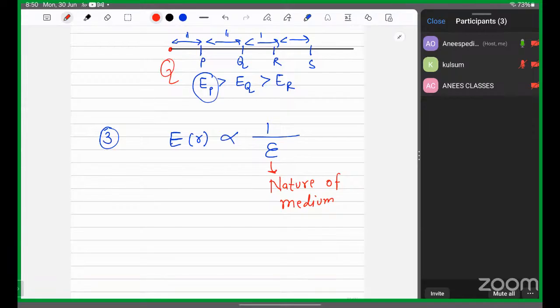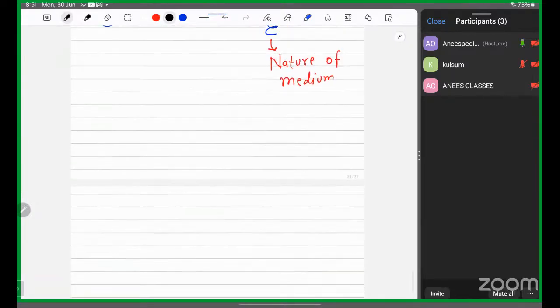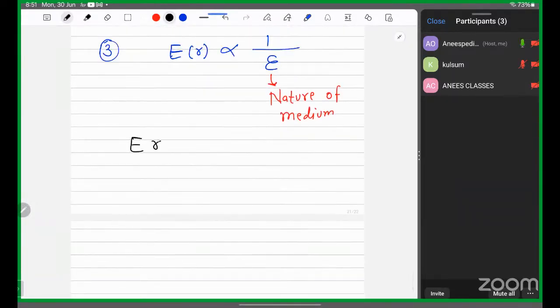Now the question is, how will it change? Will it increase or will it decrease? If I take a source charge from vacuum to a given medium, let's say water, what will be the effect on electric field due to the medium, due to water? Will it be the same? Will it increase? Will it decrease? It will decrease. Remember, the value of electric field E at distance R is going to be maximum only in vacuum.